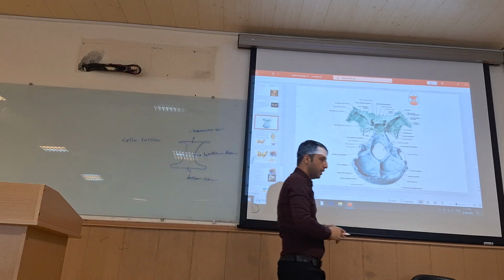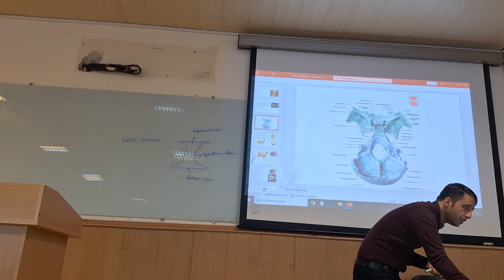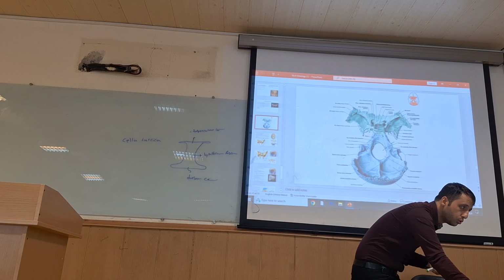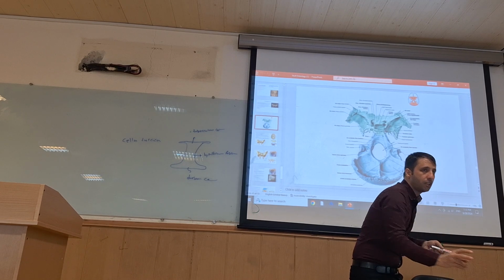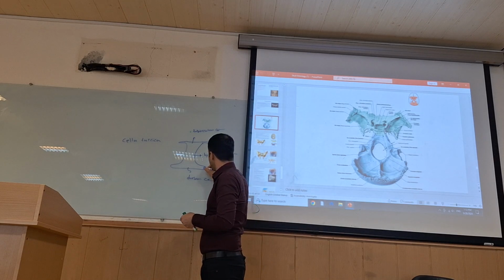At this area, look at here. Here is the tuberculum sellae, posteriorly is the dorsum sellae, and the central part is the hypophyseal fossa. Lateral to the tuberculum sellae and dorsum sellae, we have two tubercles.